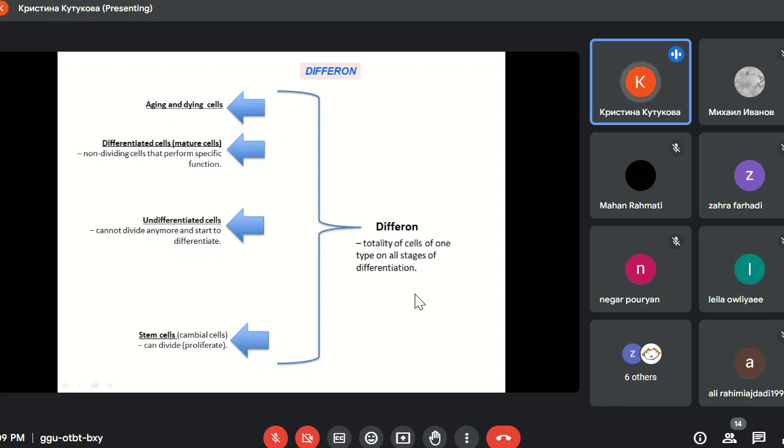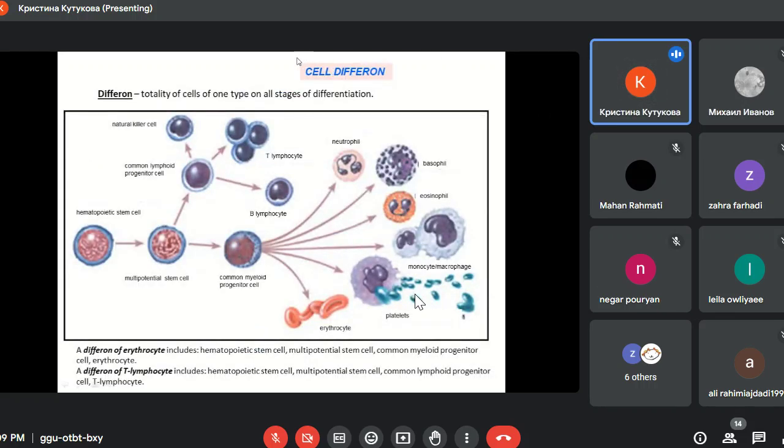So all of them taken together will be called differon of keratinocytes. Differon is the totality of cells of one type on all stages of differentiation.